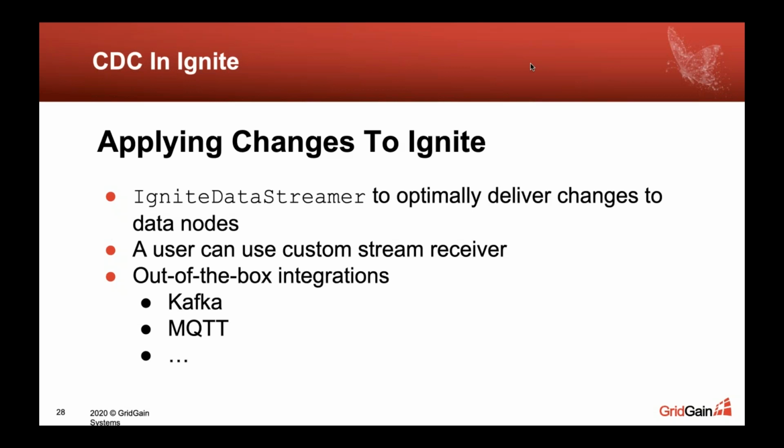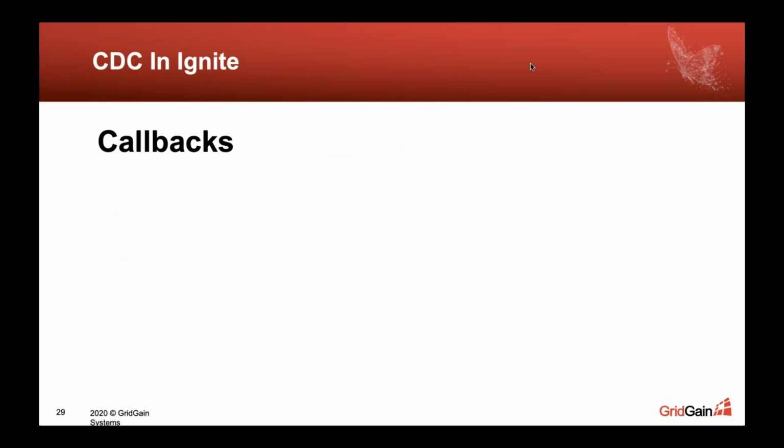So you set up, for example, Kafka, you set up Kafka sink in Apache Ignite. In configuration, you just connect those two pieces, and the flow of updates will go to Apache Ignite.